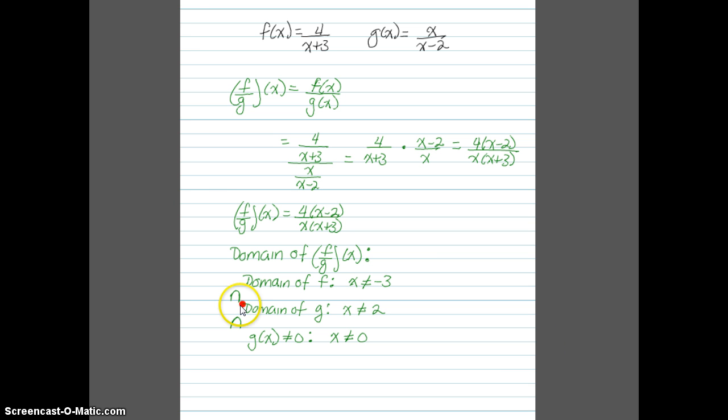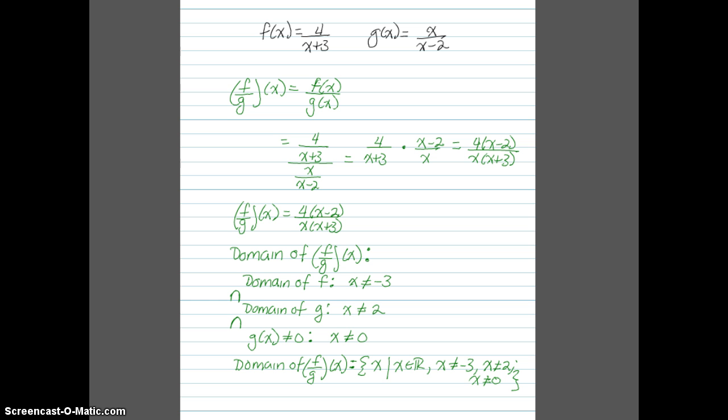Now we are intersecting these three things. So once again, the domain of the quotient, f over g of x, is the set of all real numbers, and we want to exclude x is negative 3, so x is not negative 3, x is not equal to 2, and x is not equal to 0.